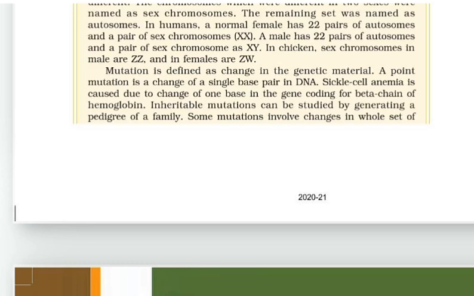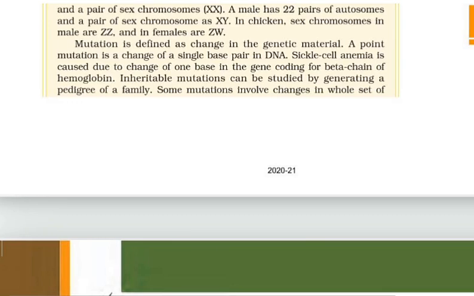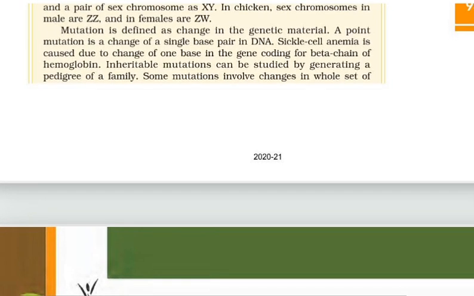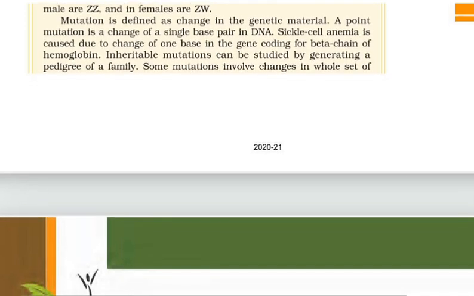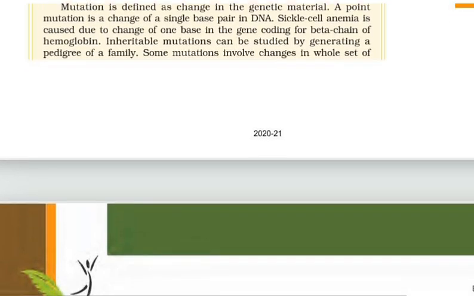In chickens, sex chromosomes in males are ZZ and in females are ZW. Which will be in chickens? Sex chromosomes in males are ZZ, that is homogametic, and in females are ZW, that is heterogametic.